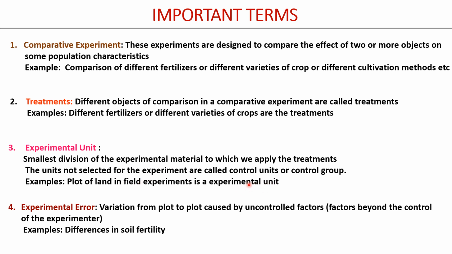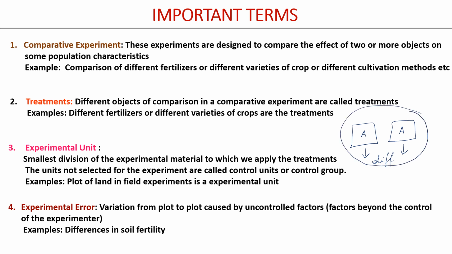Now, there are situations where I may have two plots just beside one another. I give treatment A here, and here also I give the same treatment A, but the yield that I get out of these is different. The two yields are different, though they lie in the same region.